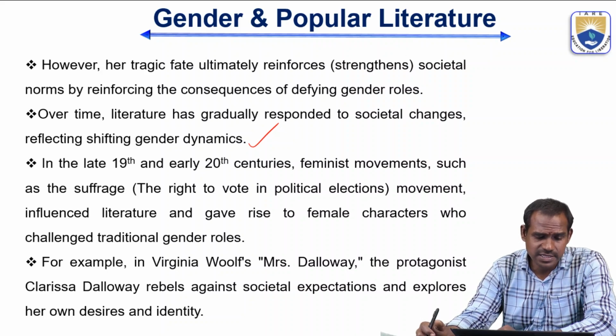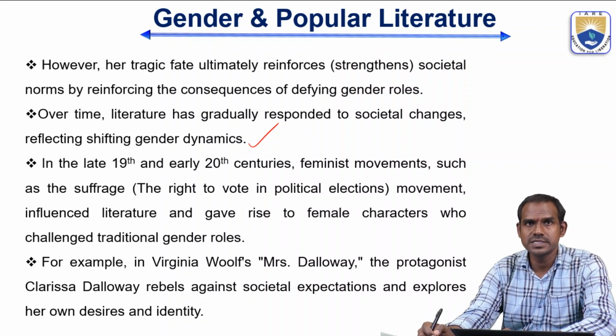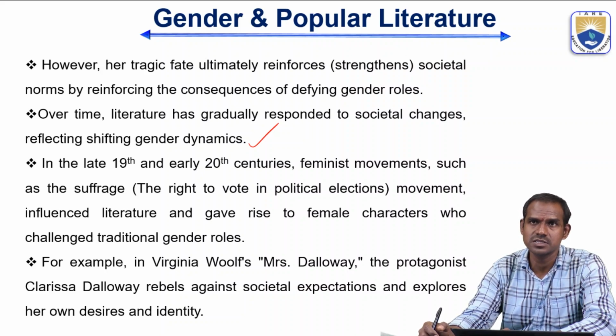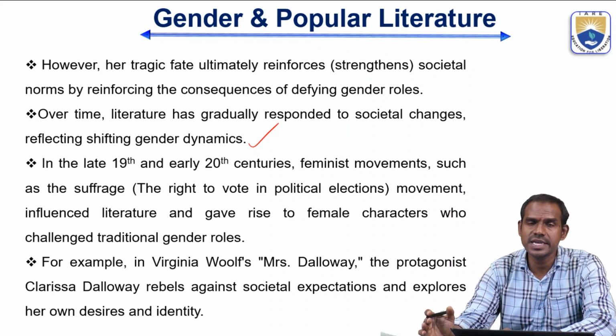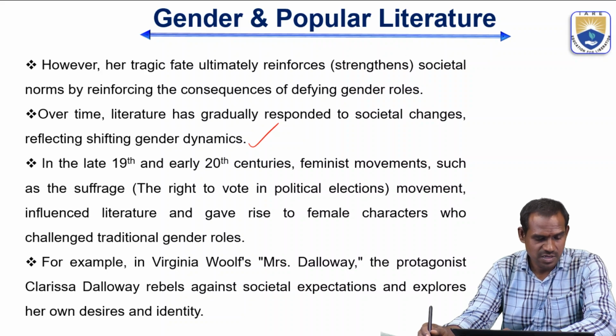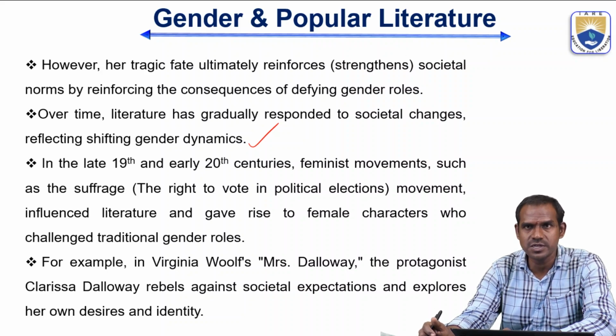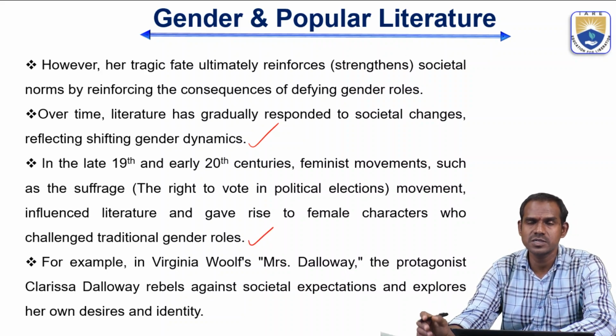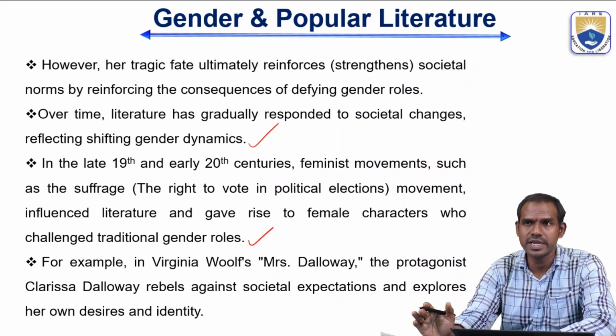In the late 19th century and early 20th century, feminist movements such as the suffrage movement, which means the right to vote in political elections, influenced literature and gave rise to female characters who challenged traditional gender roles. So it should be like this. Whatever decision you have taken, that should be matured and that should be fruitful towards society.